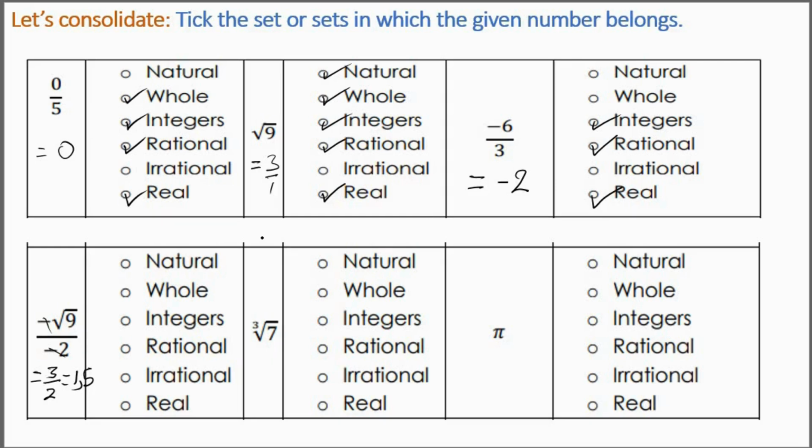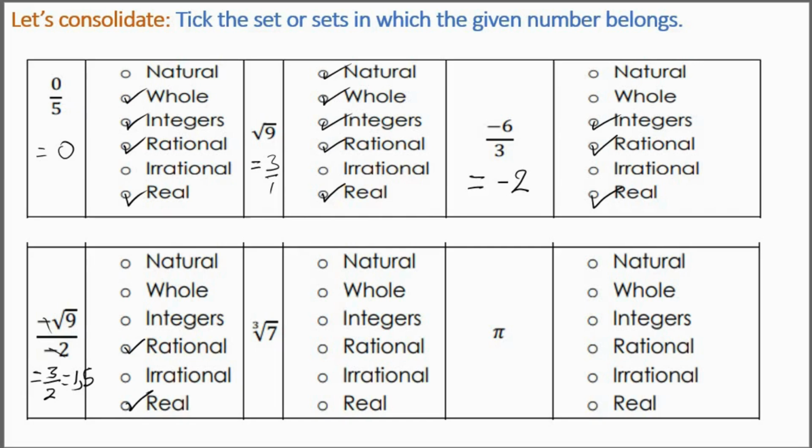It's not a natural number because natural numbers are whole numbers from 1, and it's not a whole number, and it's not an integer because integers are positive and negative whole numbers. Is it a rational number? Yes, because the decimal terminates or ends. It's not irrational but belongs to the group of real numbers. So minus root 9 over minus 2 belongs to rational as well as real.